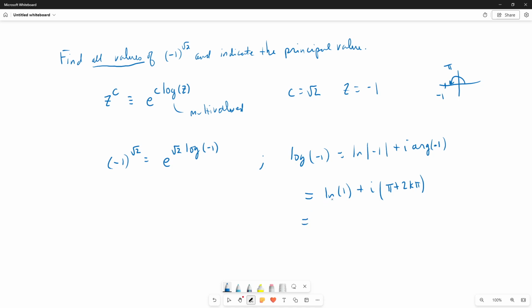Now the natural logarithm of 1 is 0, so this is just i times pi plus 2k pi, and therefore -1 to the square root of 2 is e to the power square root of 2 times i times pi plus 2k pi.